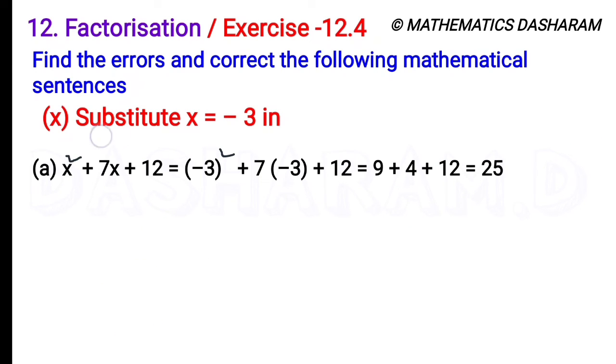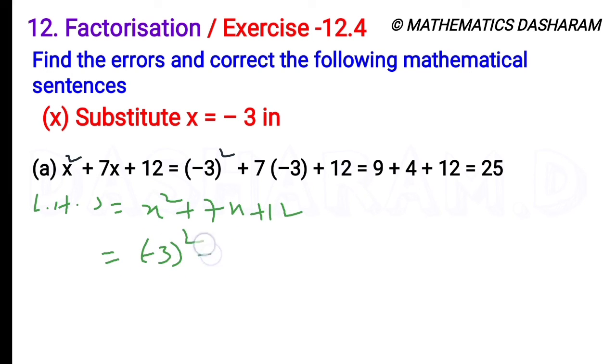10th question, substitute x equals to minus 3 in first question, x square plus 7x plus 12 equals to (minus 3) whole square plus 7 into minus 3 plus 12 equals to 9 plus 4 plus 12, it is equals to 25. So that LHS equals to x square plus 7x plus 12. Substitute x equals to minus 3.